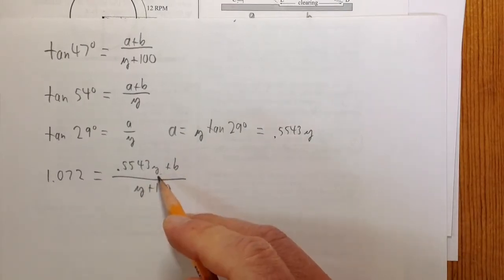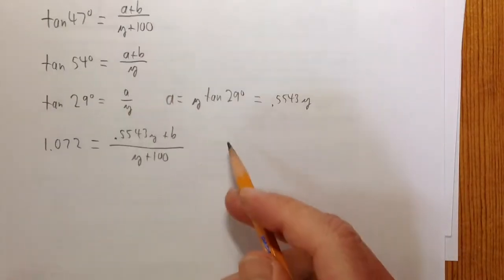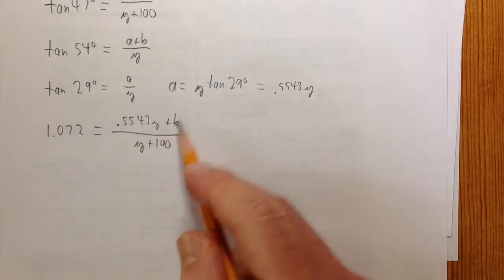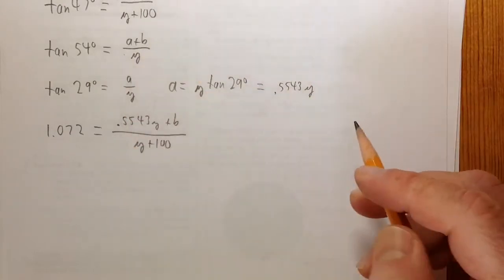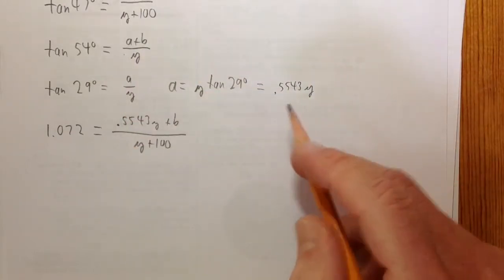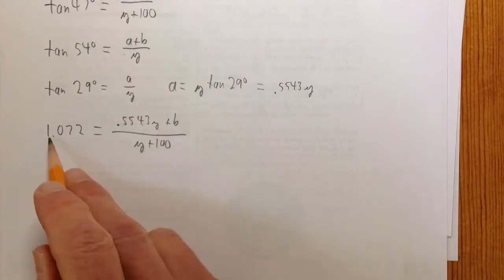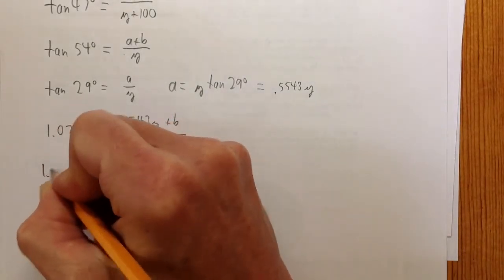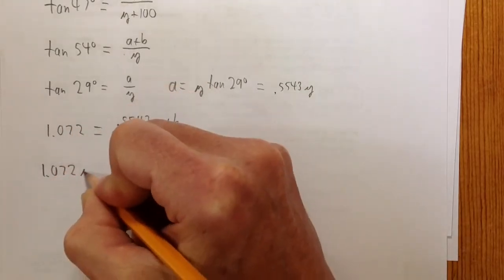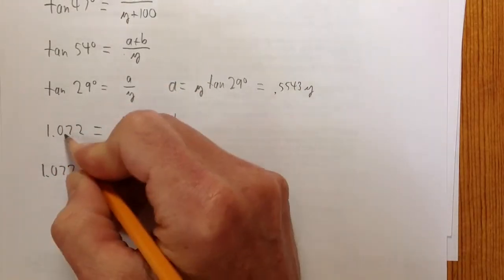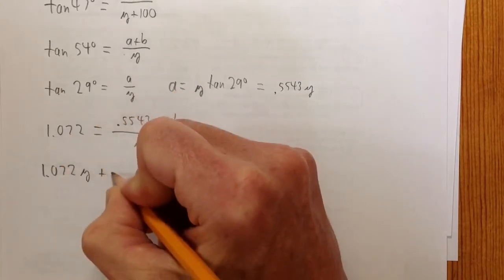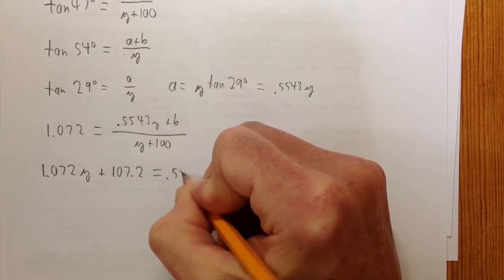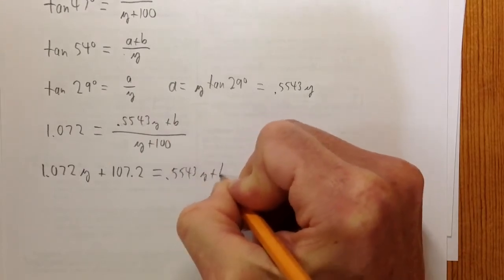So we need two equations, and we have this one here. Let's solve for b now, and then we can plug b into our last equation. There's lots of ways to do that. So multiply y plus 100 times both sides. That would be 1.072y, then 100 times that is just two decimal places over, 107.2, equals 0.5543y plus b.